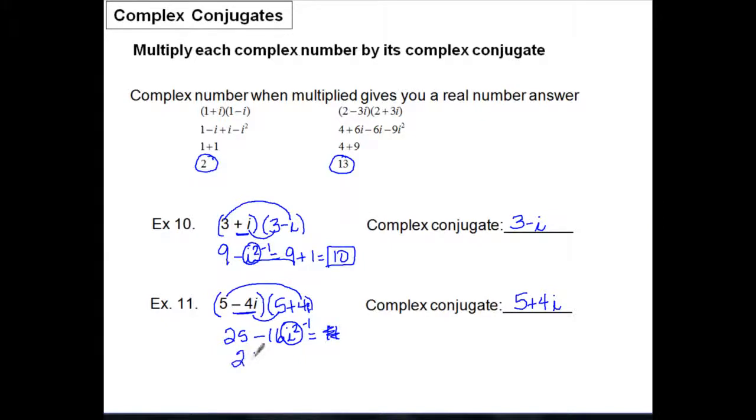So 25, negative 16 times negative 1 is positive 16. 25 plus 16 is 41. So by multiplying by the complex conjugate, we get rid of the i's. Now let's see why we need to do that and where this comes in.